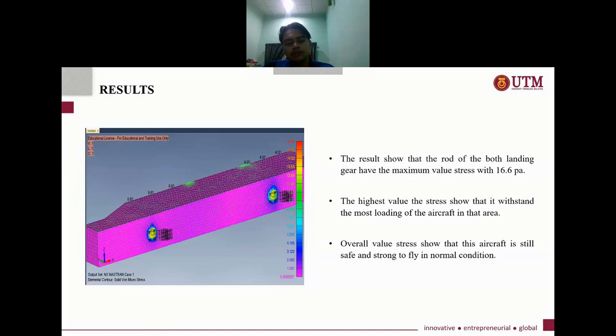Around the root of the fuselage there are also numerous stress values, from 4 Pascal until the maximum value, which is 16.6 Pascal. So from these overall values, the stress shows that this aircraft is still safe and strong to fly in normal condition. So that's all from me. Thank you.